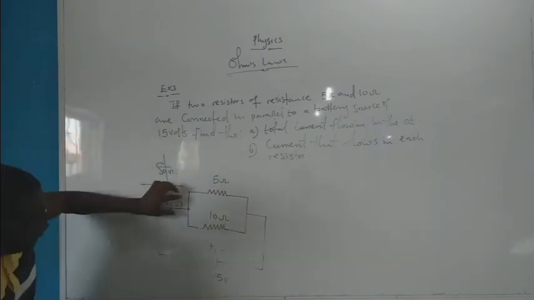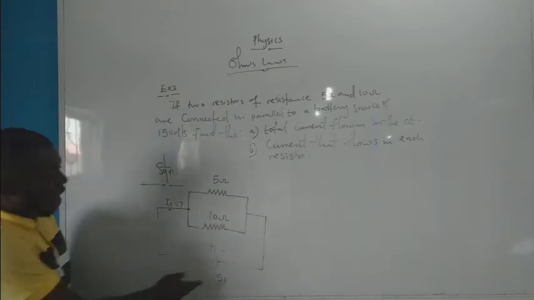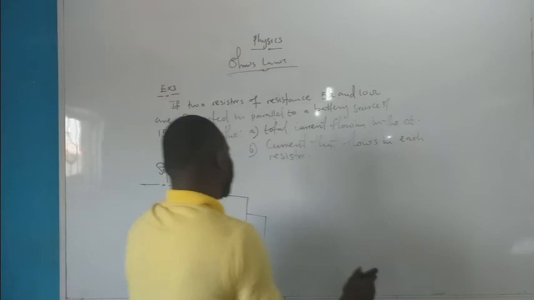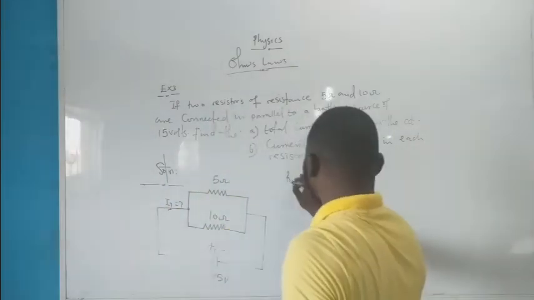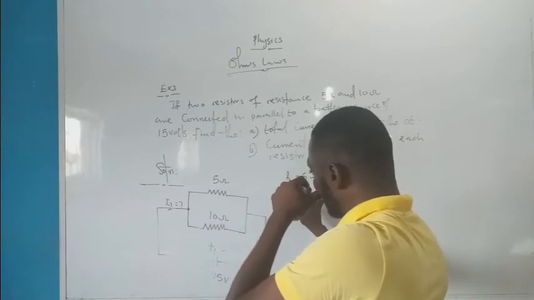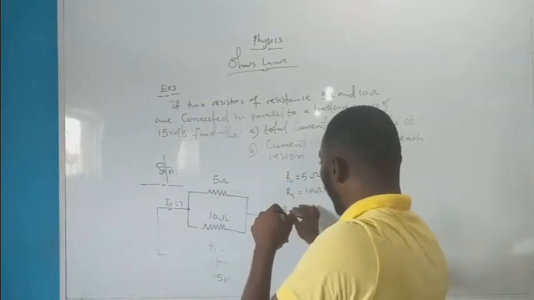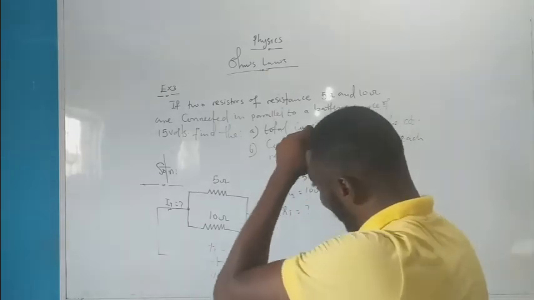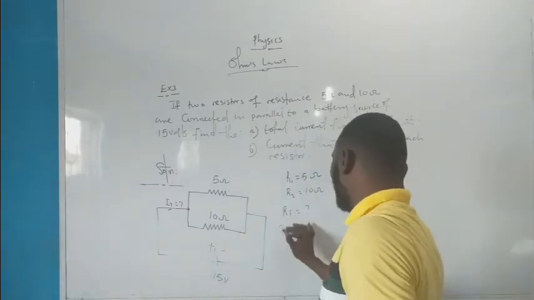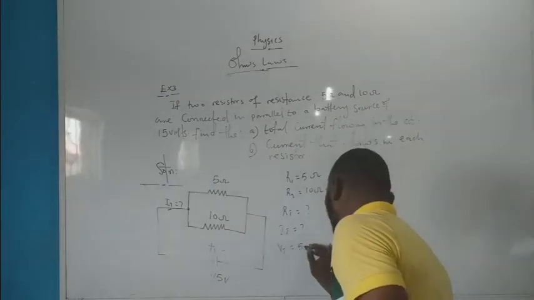When the current gets to this junction, it will split, but they will have the same potential difference. So R1 equals 5 ohms, R2 equals 10 ohms, R total is unknown, I total is unknown, and we have V of 15 volts.